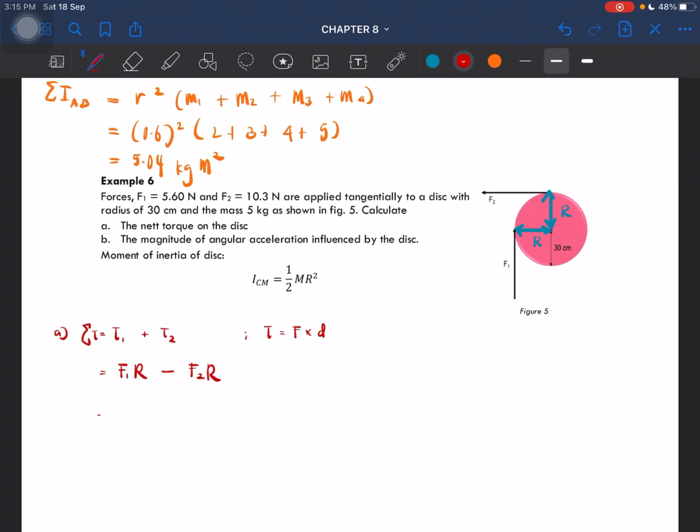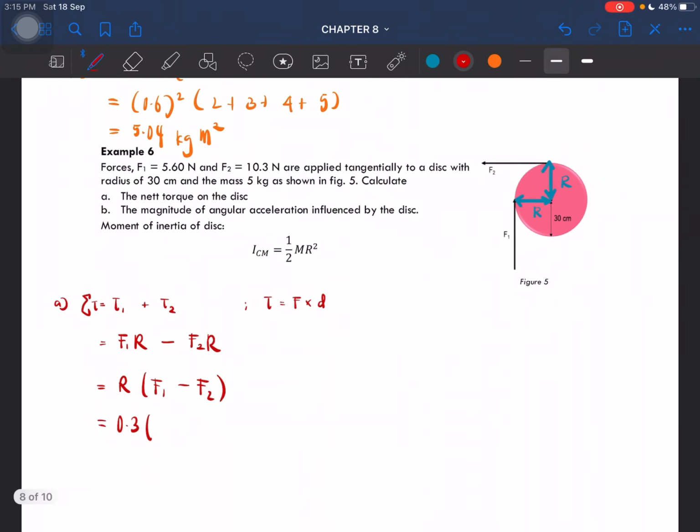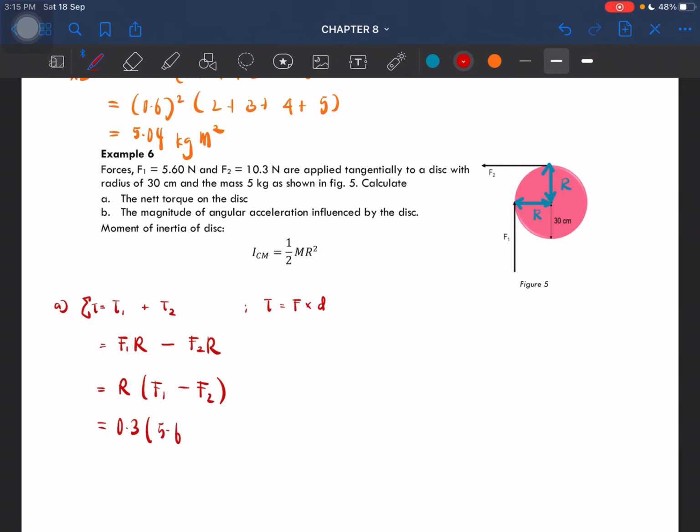Okay, so I'm just gonna put R outside, so F1 minus F2, where R is 0.3, F1 is 5.6 minus 10.3. Wrong way round.